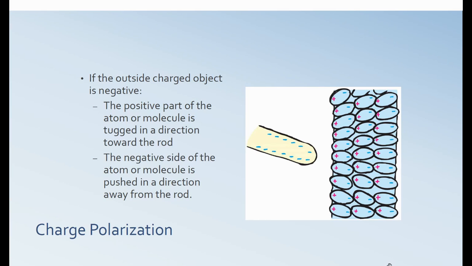So we can see the atoms or molecules in this substance here. The positive part of the atoms or molecules is pulled to the left towards that negatively charged rod, whereas the negative part of the atoms or molecules is pushed aside. So we can call this substance now, here on the right side of our picture, polarized, because we have the positives towards the left and the negatives towards the right.